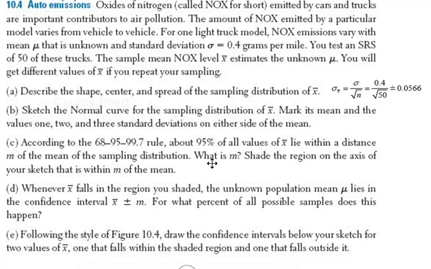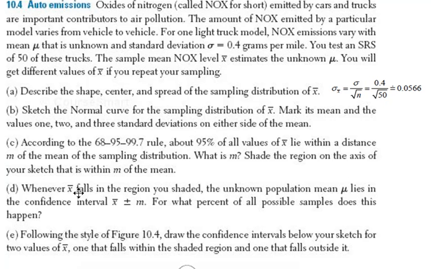So what is M? Well, M is going to be our margin of error, and in this case, M is 2 standard deviations. So the M in this case is this number times 2, which comes out to 0.1132. So shade the region of the axis, and that's what I showed you in the last podcast with the yellow shaded area.